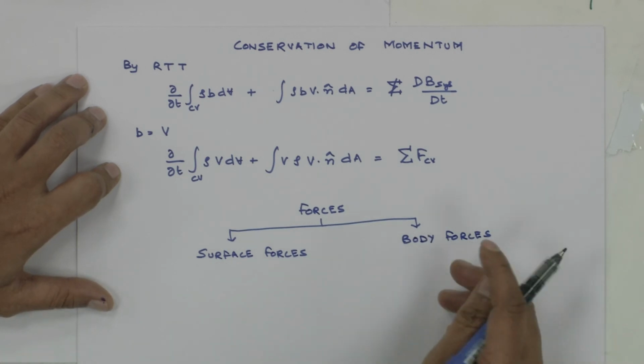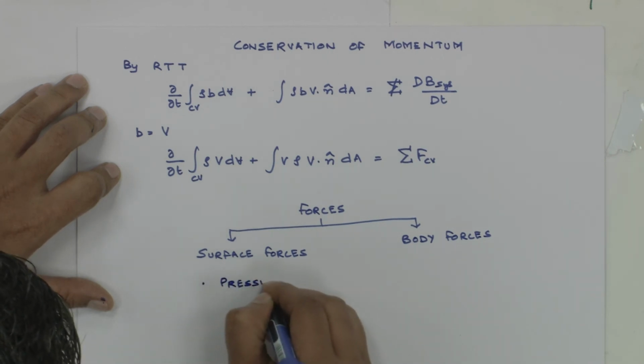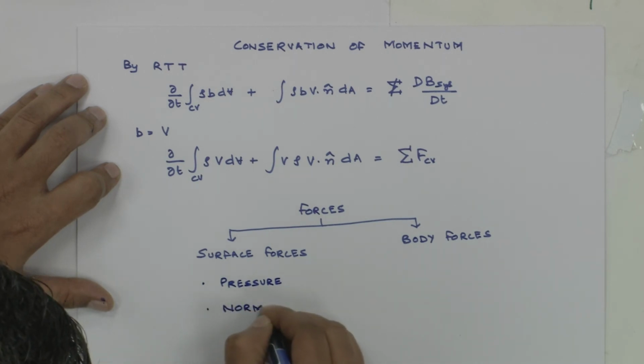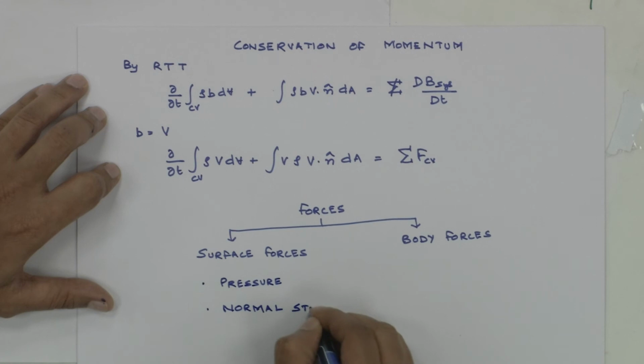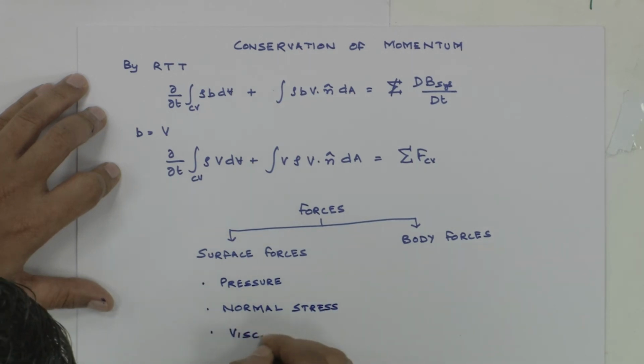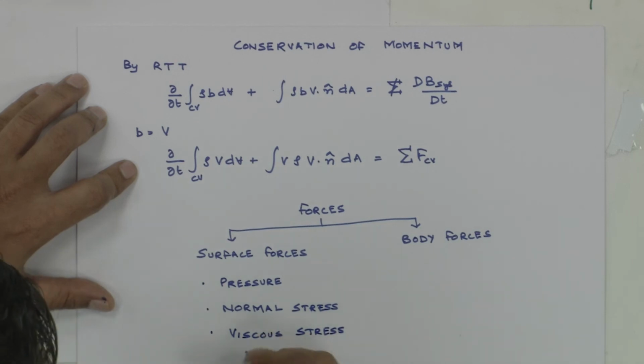So what are the surface forces? They are the forces acting because of pressure, because of normal stress, because of viscous stress. Viscous stress can also be called shear stress.